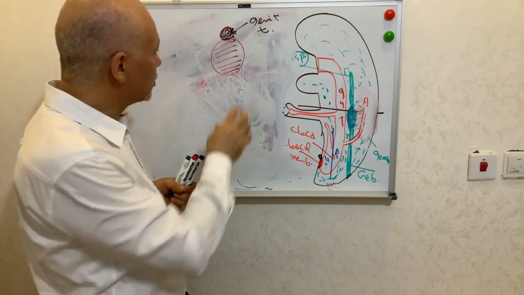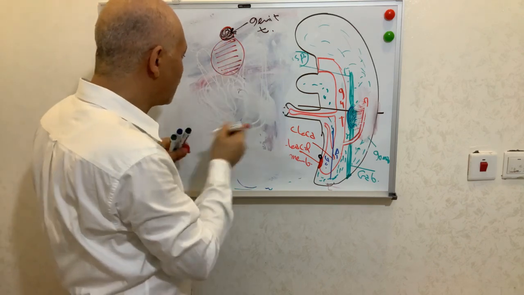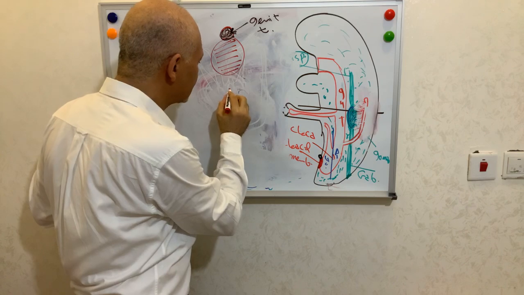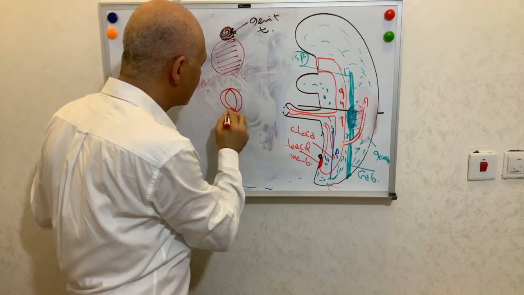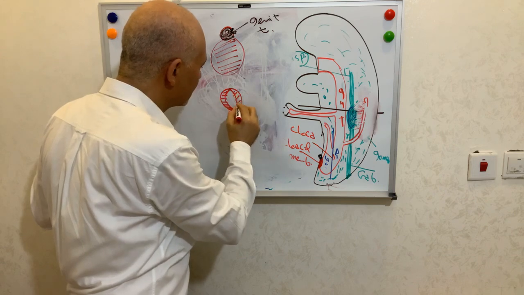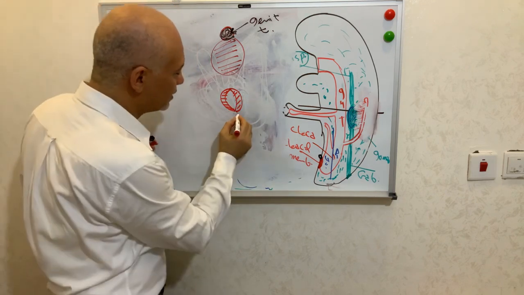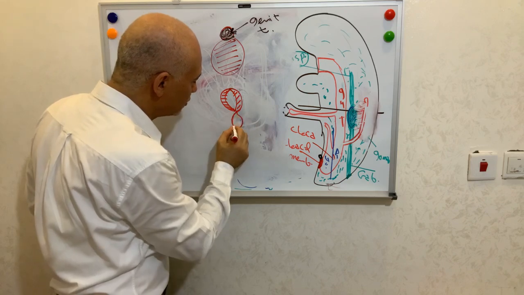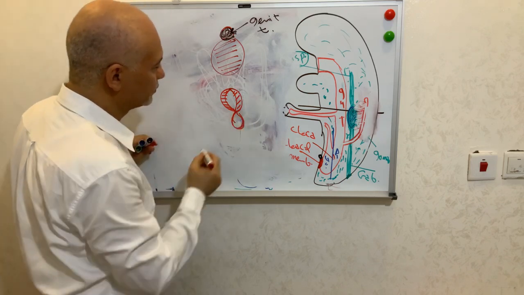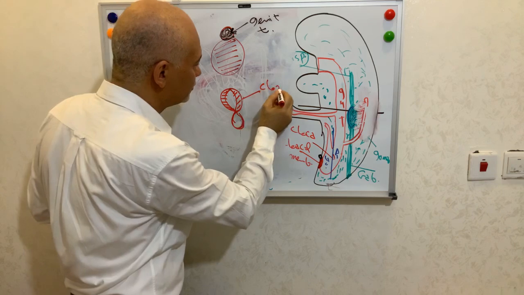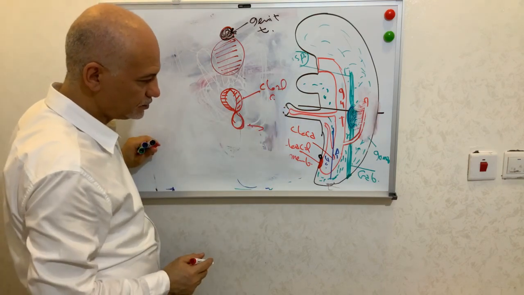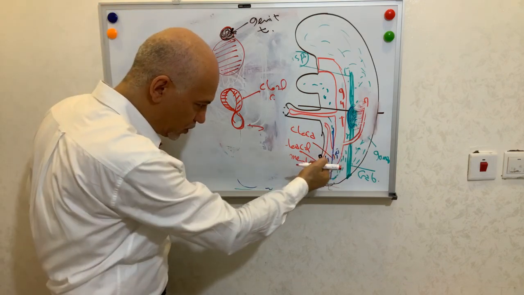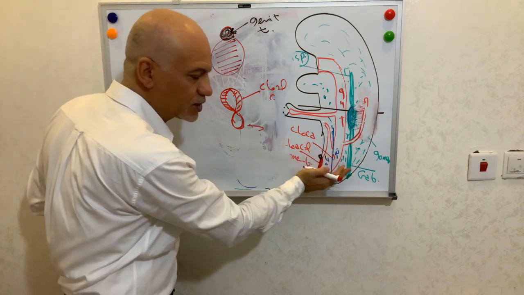Later on, the cloacal membrane folds like this, called the cloacal fold, and another posterior fold called anal fold, by division of the cloaca into two parts, urogenital sinus and rectoanal sinus.